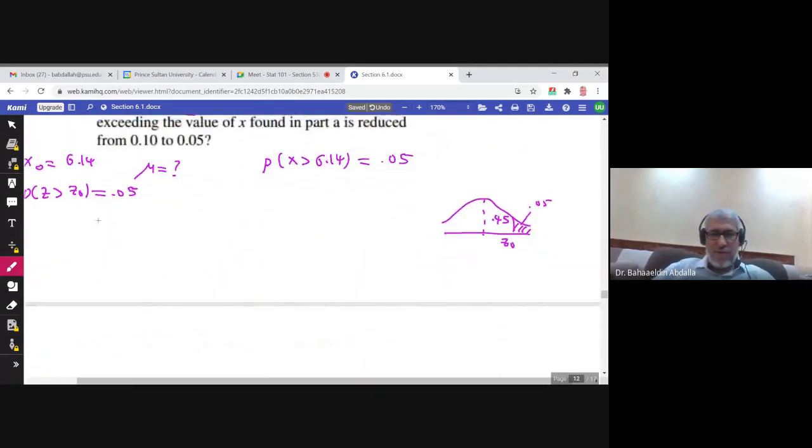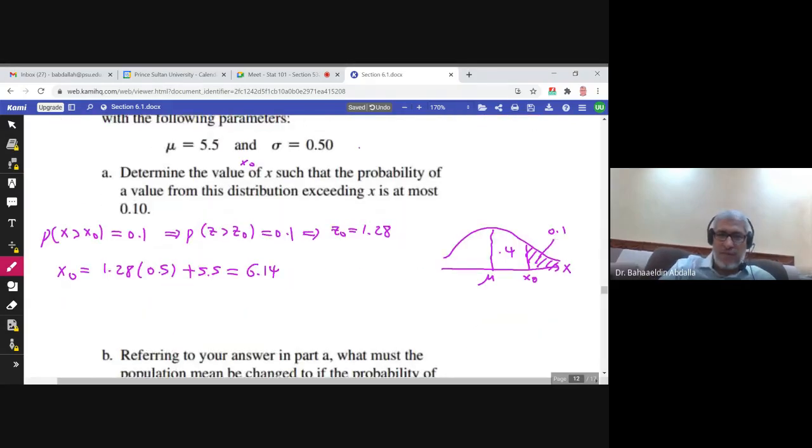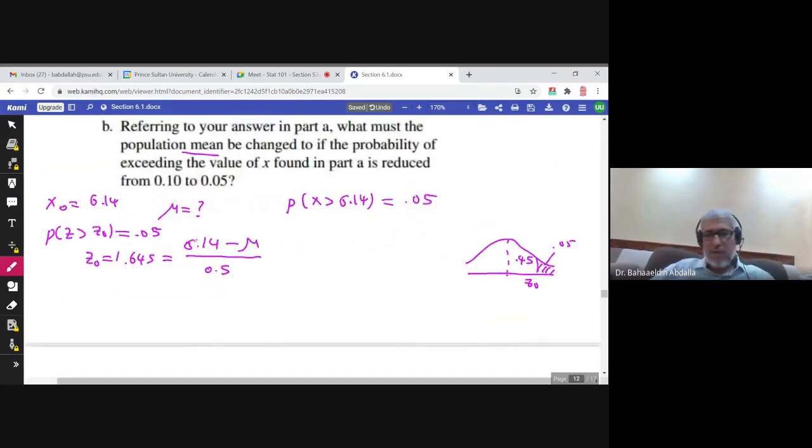So Z0 is 1.645. And Z0 is X0, which is 6.14, minus mu, which is unknown, over sigma, which is 0.5, I believe. Yeah, sigma is 0.5. So multiply cross product and find the value of mu.